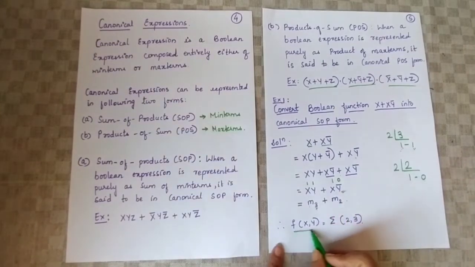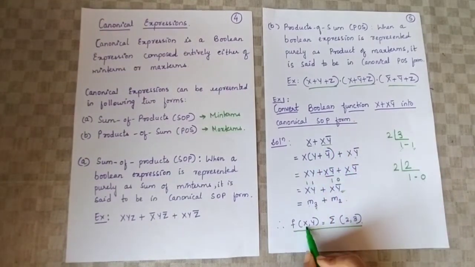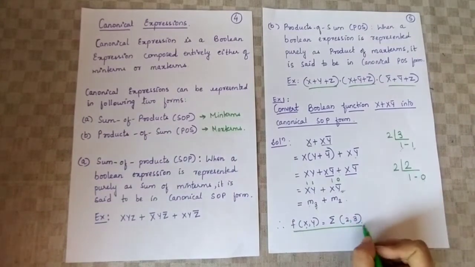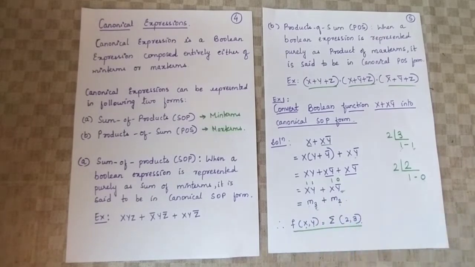So we write the final function in the shorthand form as function of x and y, because x and y are the two literals here, equals summation, which is the symbol used for sum of products form. Into bracket you have these two decimal values, 2, 3. You have to write it in the ascending order of the terms.